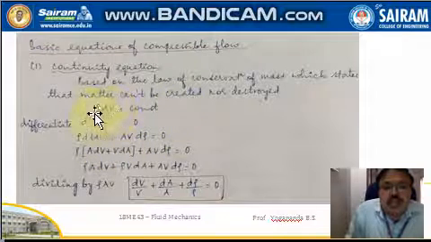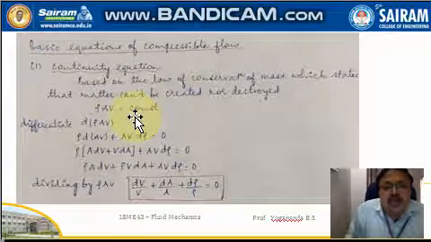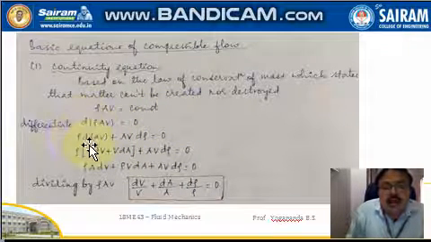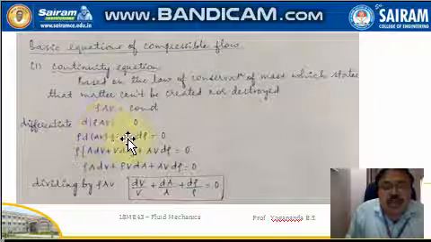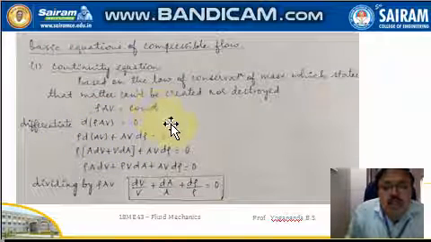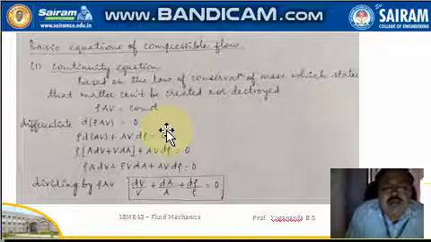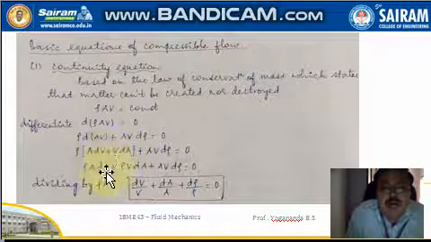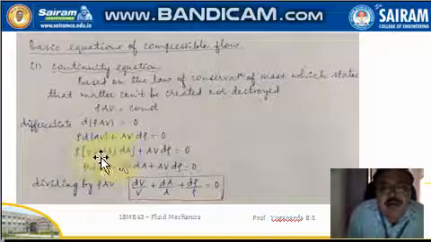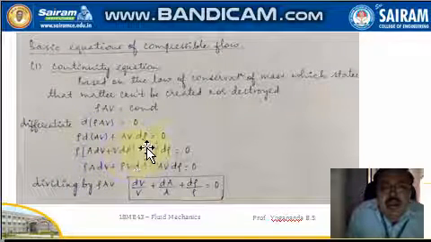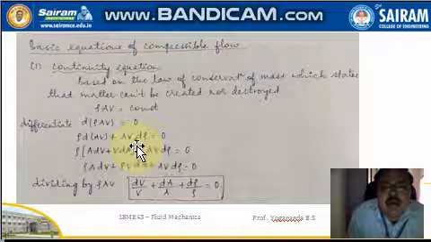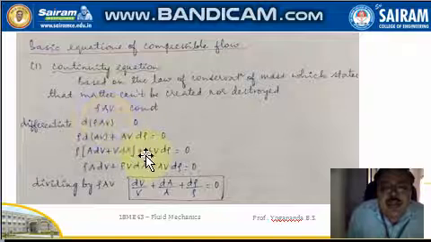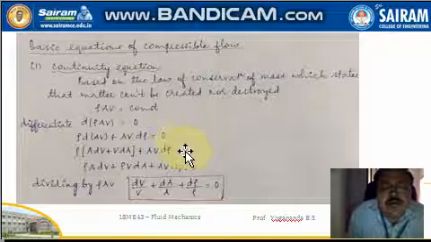So differentiating the equation rho AV equal to constant on both sides, the differentiation of rho into AV is equal to the differentiation of the constant, which is 0 here. So we have rho into d of AV plus AV into d rho, taking both rho and AV as variables, equal to 0.